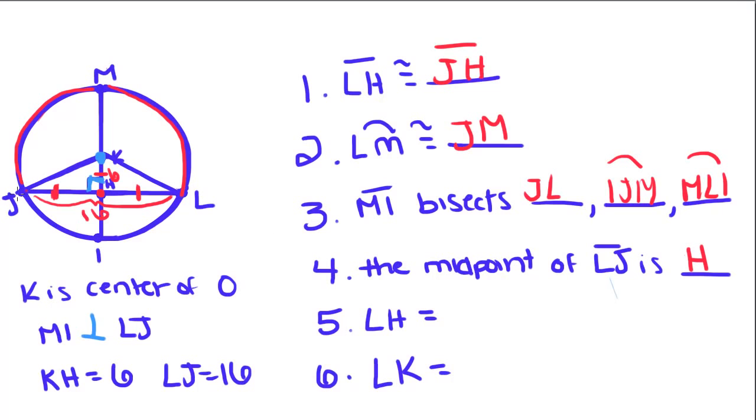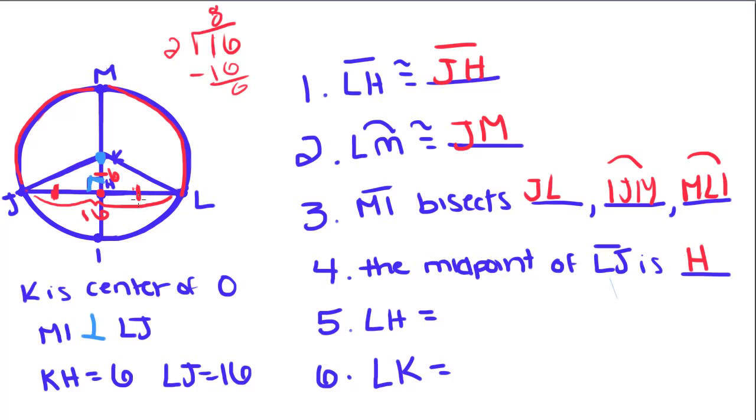So LH, right here, equals what? Well, since we know that LJ is 16, and that H is the midpoint of LJ, we can just divide 16 by 2, and you'll get 8 if you do that.